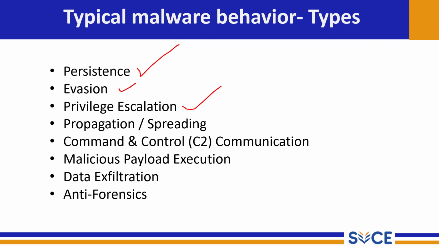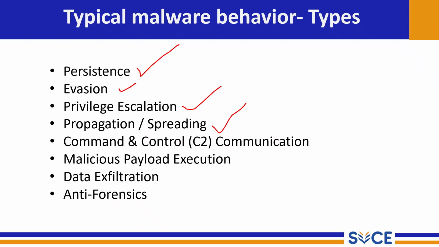So all those things come under privilege escalation, right? And next one is propagation or spreading. This infects more systems through self-replication, worms, exploiting network vulnerabilities, email attachments, infected USB drives, and file infection of executables or macros.